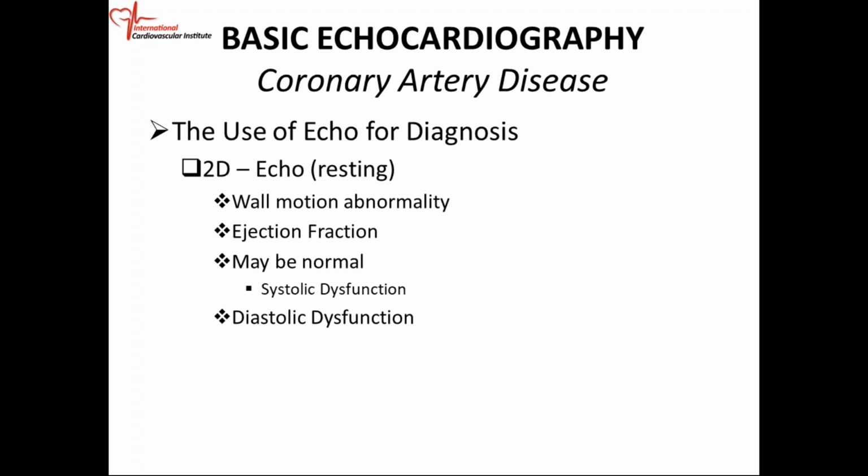So one way to assess these patients, especially if someone comes to you and tells you that they have exertional shortness of breath when they exert themselves, and you do all the other tests. There's no lung disease. Everything is fine. You can do what we call a diastolic stress test.